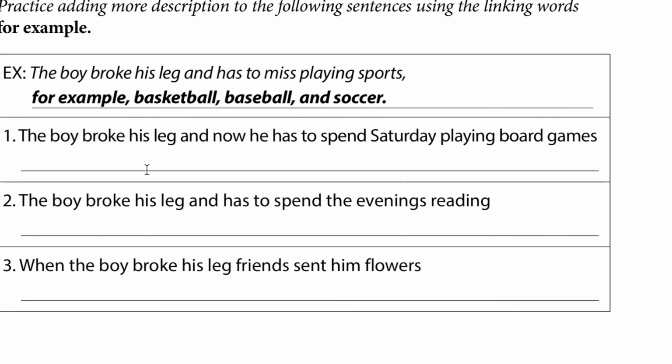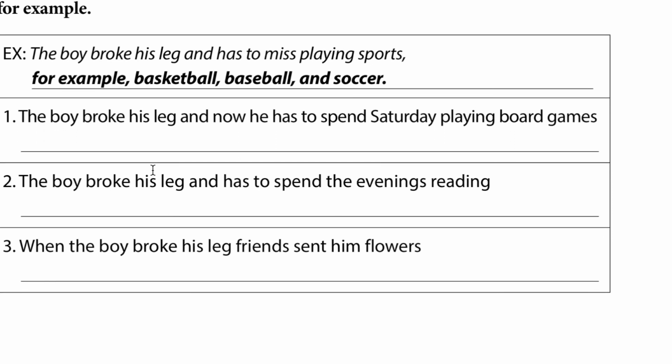And the rest of the activity page is also asking you to add some examples, just like we did with the cat sentence. So the boy broke his leg and has to miss playing sports. For example, basketball, baseball, and soccer. So you have to think of some board games and some things to read and some flowers that he could have had.